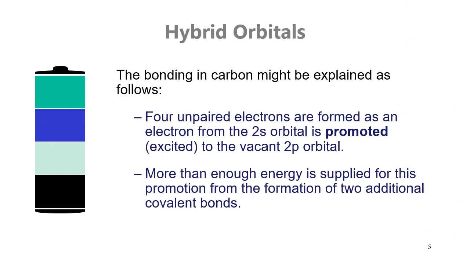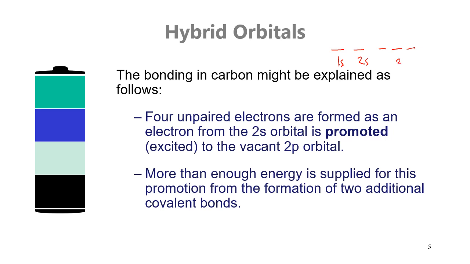In principle, the bonding in carbon can be explained like this. Four unpaired electrons are formed as an electron from the 2s orbital can be promoted or excited to the vacant 2p orbital. So we do know that carbon has an orbital diagram like this. This is 1s, this is 2s, and this is 2p.